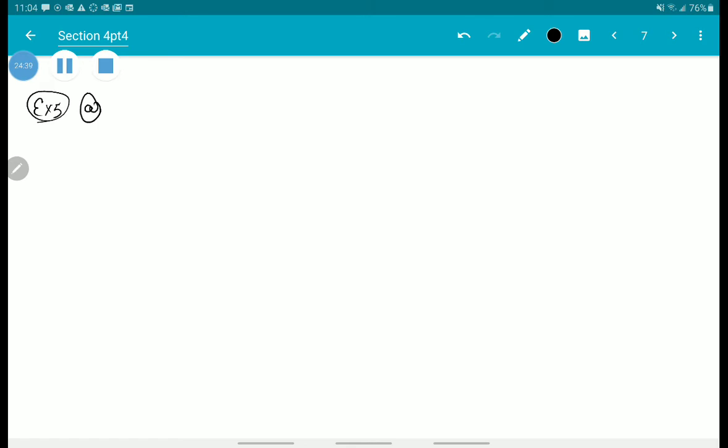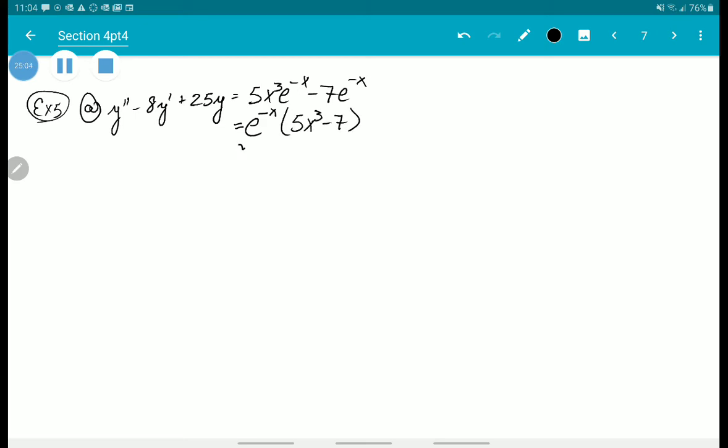So for part A, we have y double prime minus 8y prime plus 25y is equal to 5x cubed e to the negative x minus 7e to the negative x. So to me, it looks like we could factor out an e to the negative x, and that leaves us with 5x cubed minus 7. So we have an exponential times a cubic.